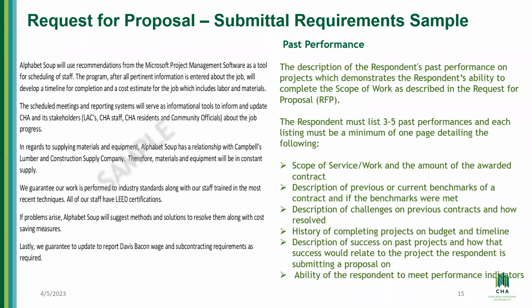Also include the description of previous or current benchmarks of a contract, and whether the benchmarks were met; any challenges on the previous contracts and how those challenges were resolved; and your history of completing projects on budget and on timeline. Include a description of the success of past projects and how that success relates to the project the respondent is submitting the proposal for. Also, you should show the ability of the respondent to meet performance indicators.